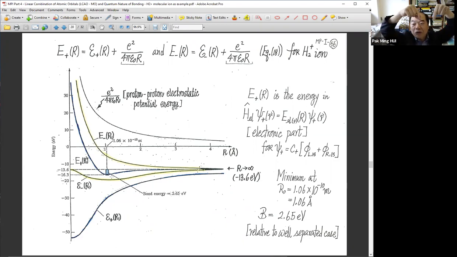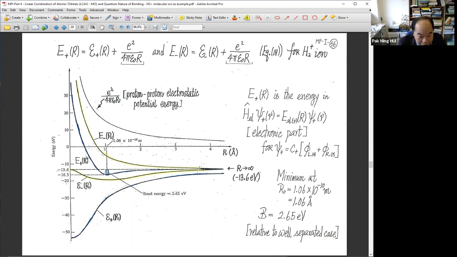If the two protons stay at that preferred location and the electron does the plus linear combination, that is to say, does the bonding MO, bonding molecular orbital. We have two answers.